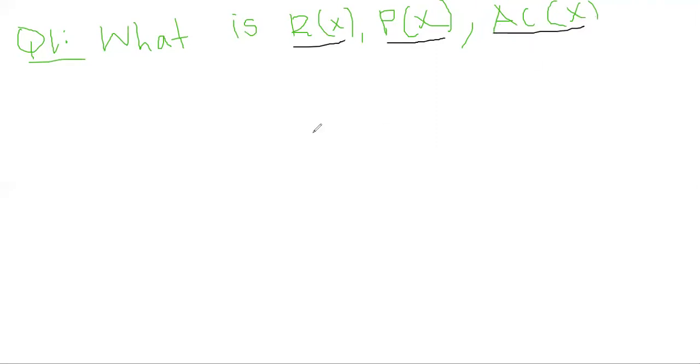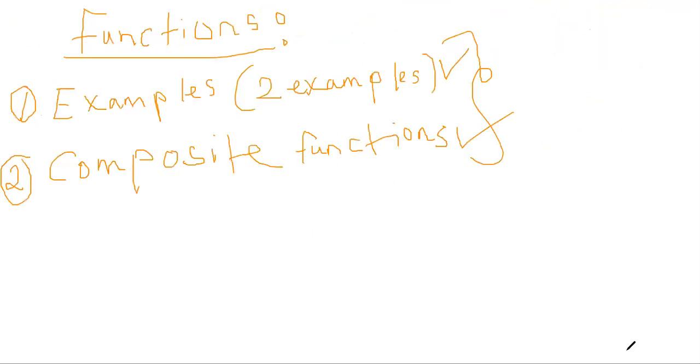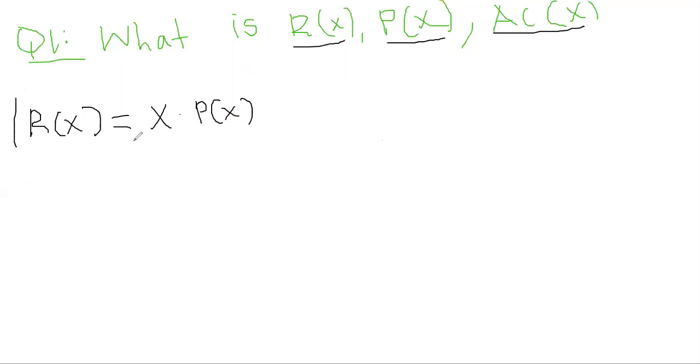So we know formulas to all of this. First, starting with the revenue function, which is Rx, we know the formula is what? The quantity of coffee makers produced multiplied by the price. Obviously, we know the price already. Our price is given to us as this. So all we need to do is just substitute.